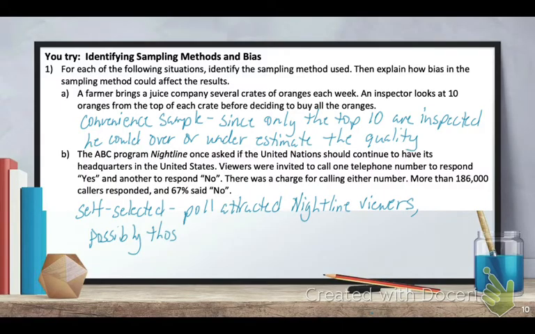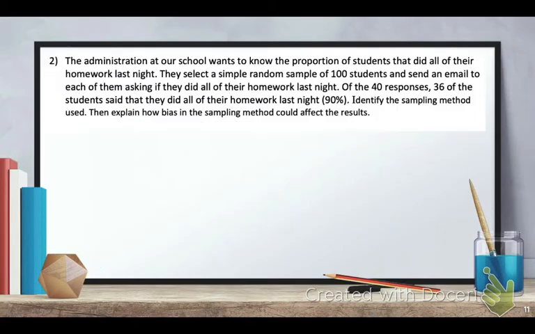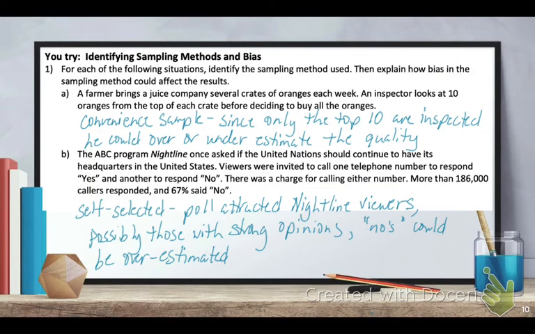And the poll attracts Nightline viewers and then also possibly those with strong opinions because you have to be willing to pay the fee to either say no or yes. And the no's, they could be overestimated. Likewise, the yeses could be underestimated.